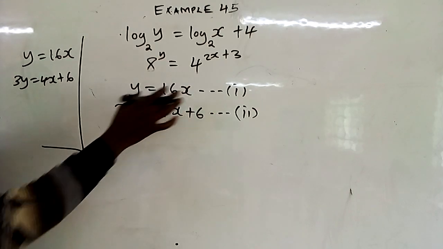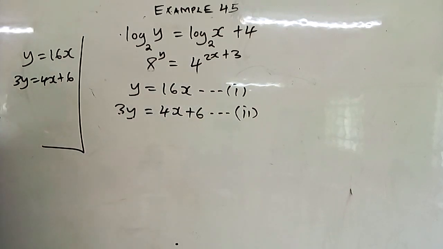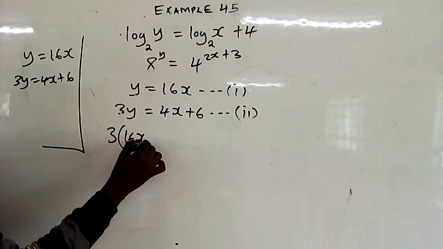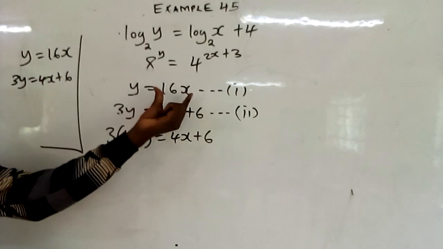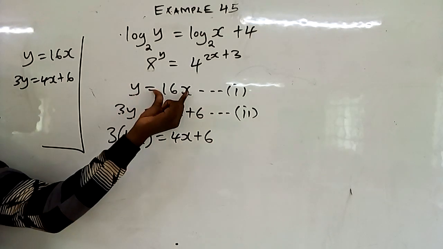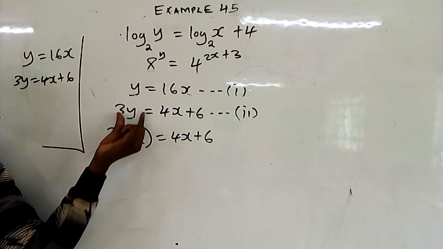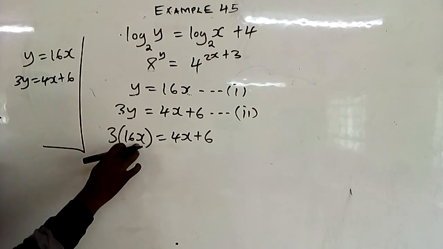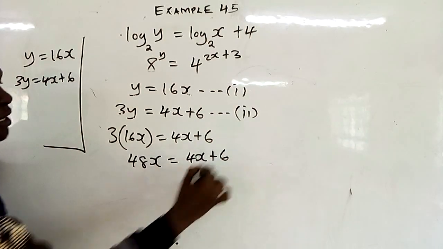Where there is y, you put 16x; you substitute equation 1 into 2. So we have 3 times the value of y, 16x, equal to 4x plus 6. From there, 3 times 16, you get 48x is equal to 4x plus 6.